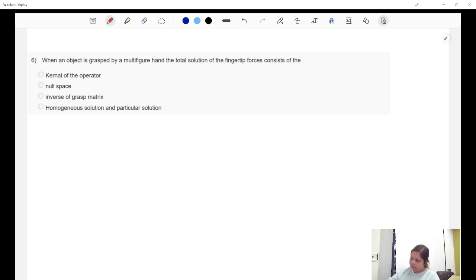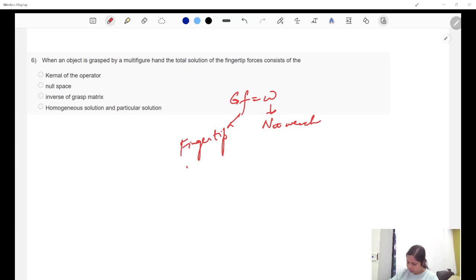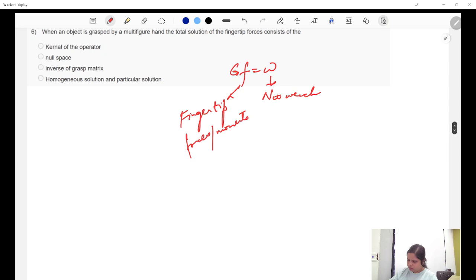So let's see this. We already talked about this, right? This is your net wrench. These are your fingertip forces and moments. G is your grip matrix.